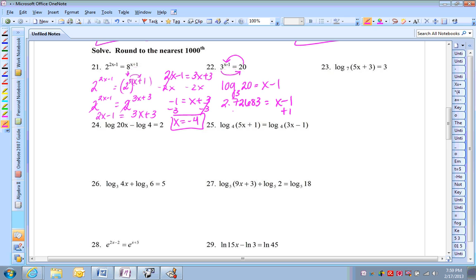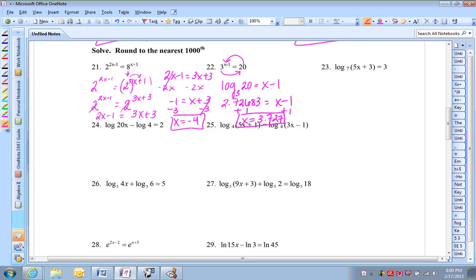So then all I have to do is add 1 to both sides, and x equals 3.727. If we're rounding to the nearest thousandth, I have to make sure my third decimal place is rounded appropriately. So that is my final answer to problem 22, is 3.727.